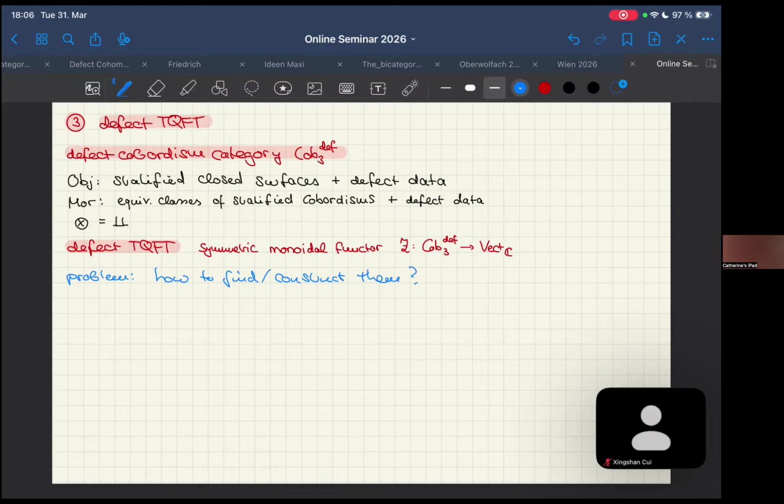And one possibility to construct them is from triangulations, cell decompositions, and so on. But that's not what we want to do. We want to construct them in a more geometrical way, and also in a way that is closer to gauge theory.